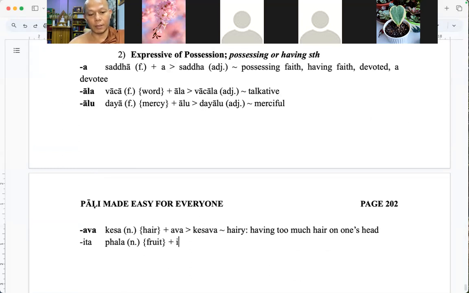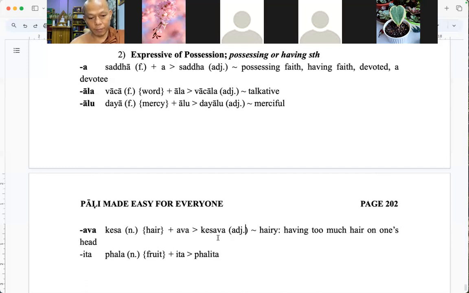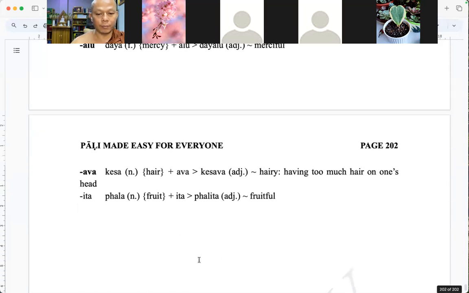So after that, the ita. So we have falita. Okay, this one also becomes an adjective. So here falita also becomes the adjective. So it means fruitful. So in this way.